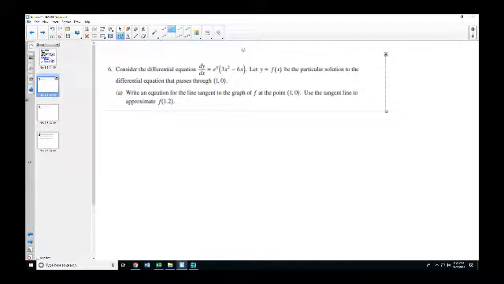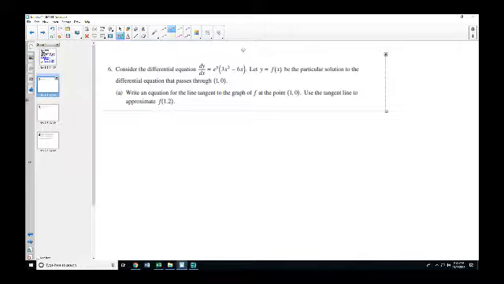We have to anti-derive this. I'll show you how to do that next semester. What you're concerned about is: write an equation for the line tangent to the graph at (1, 0). Use the tangent line to approximate f at 1.2.